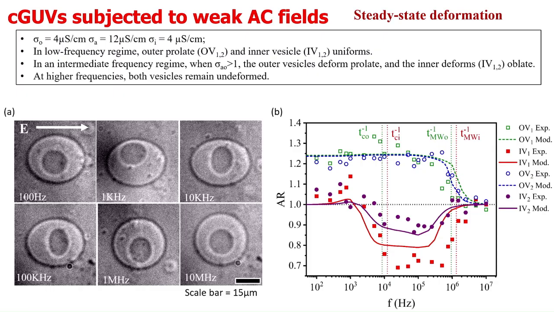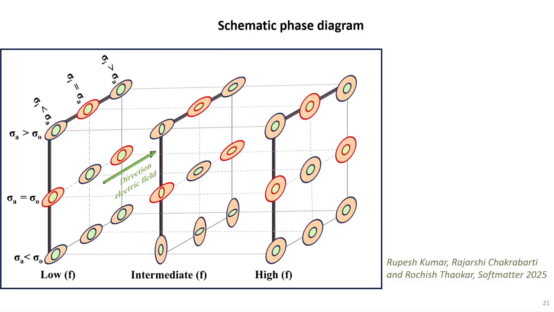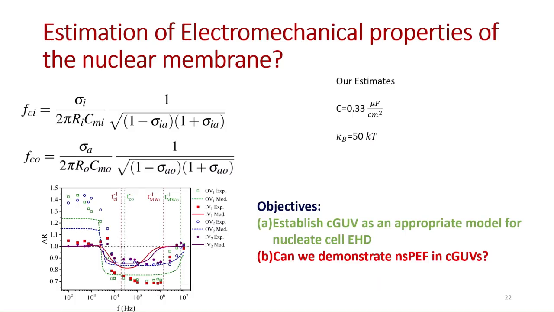From this frequency map, we did this for a lot of cases, which is published since then. And what's important here is that if you look at these transition frequencies, from them you can actually get the membrane capacitance through the expression that I've shown.